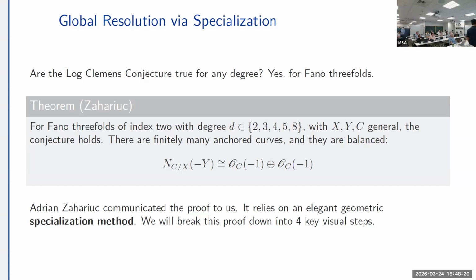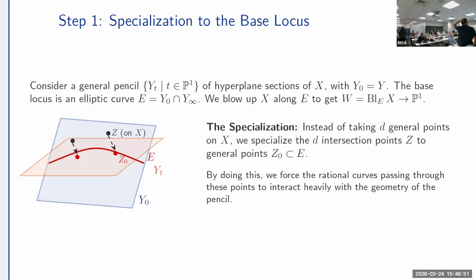So X, Y, and Z to be general. Y was the hyperplane section, C the rational curve of degree D. Then there are finitely many such curves with the same degree, and they are balanced. So even though the methods are from Gromov-Witten theory, the proof is really geometric. I want to give you the proof of this, or at least a sketch of the proof.